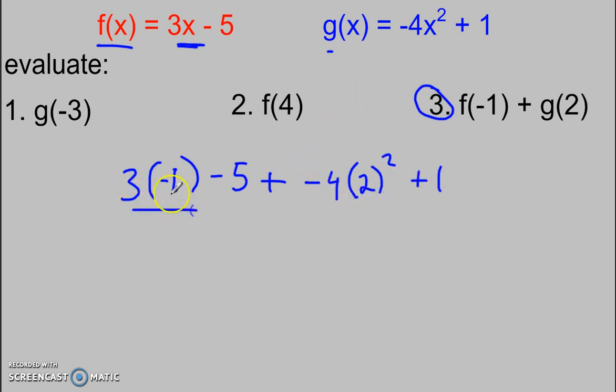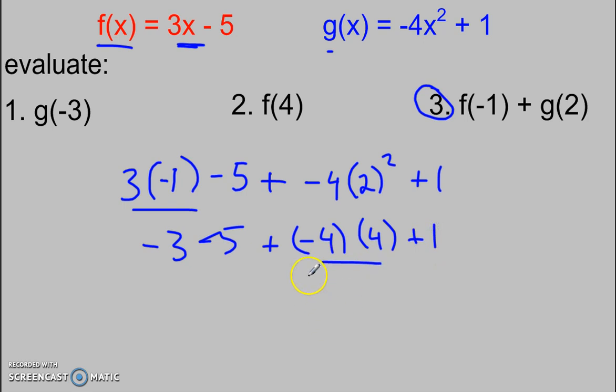Now evaluate this. 3 times negative 1 is negative 3, minus 5. And then 2 squared is 4, so plus negative 4 times 4 plus 1. Do the multiplication next. Negative 3 minus 5 plus negative 4 times 4 is negative 16, plus 1. This right here, plus a negative, means minus.